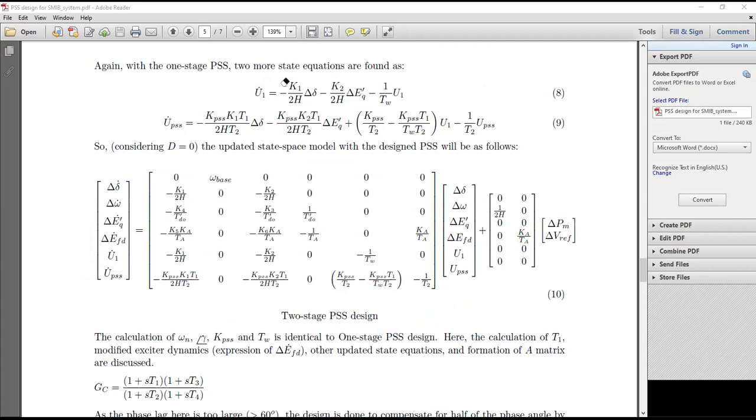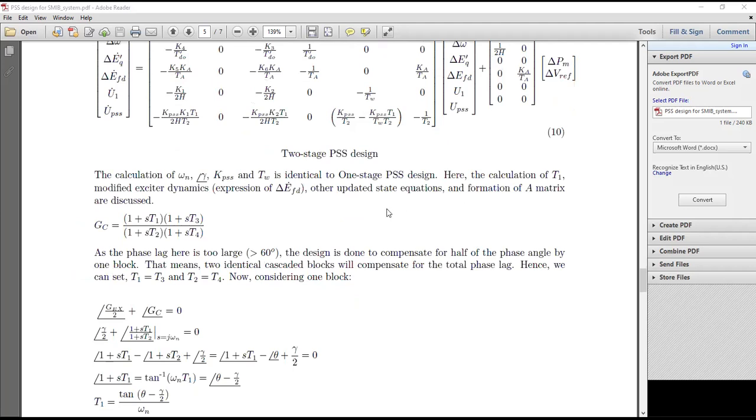I already mentioned it in the last class, but let me repeat it a little bit again. If we go for the 2-stage PSS, of course, the number of states would be increased. It would not remain the same as this 1-stage PSS design.